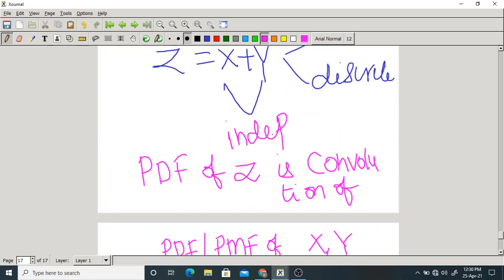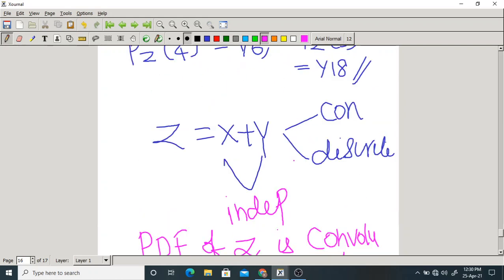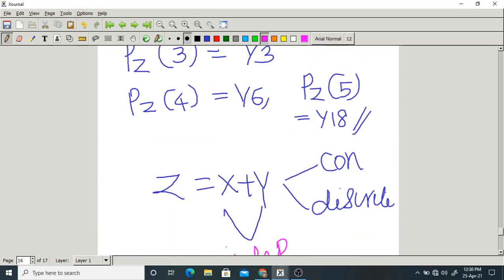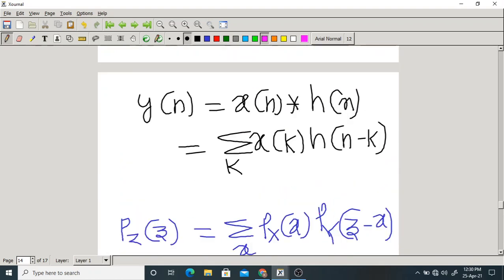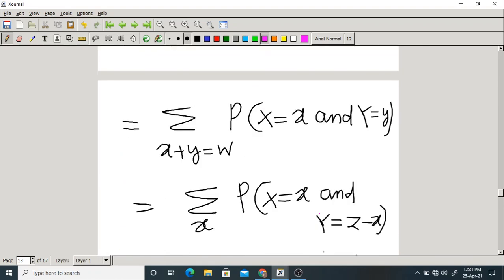So please remember, if they are independent, this convolution is true. Otherwise, formulas would be different. So this is about one function of two random variables. Okay. So we stop here.